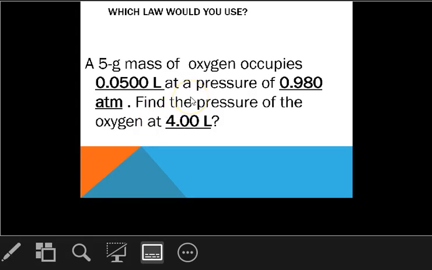Which gas law would you use to solve this problem? Assess what you have. Do you see that you have a change in the volume? Even though they gave you a 5-gram mass of this substance, it's of no relevance to the question, because what they're asking you to do is, given a certain pressure, find a certain pressure. And they've given you 2 volumes.